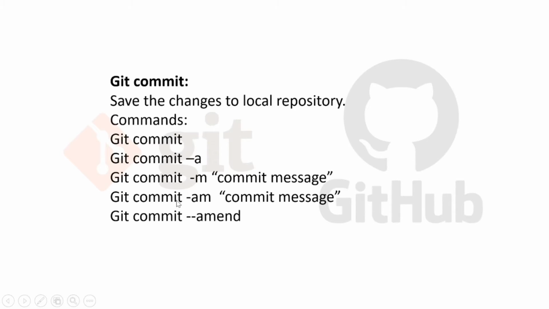But git commit -am will take those modified files and directly commit. M means it will take the message from this line, right? So it will not open a window. It will directly take those staged, synced files. You need not stage those files, and it will commit.